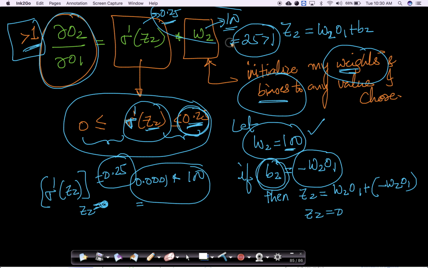Remember, when I train a deep neural network, I can initialize my biases and weights to whatever value I want. With this specific initialization, this is like a proof by counterexample, where I'm trying to construct an example where this derivative can be greater than 1.